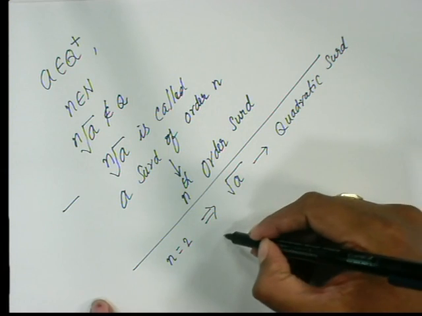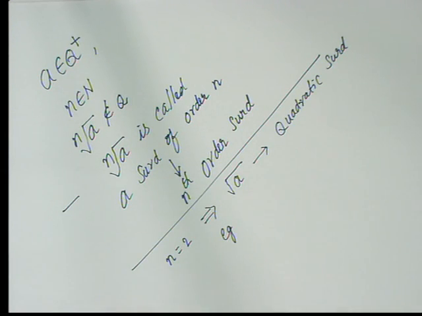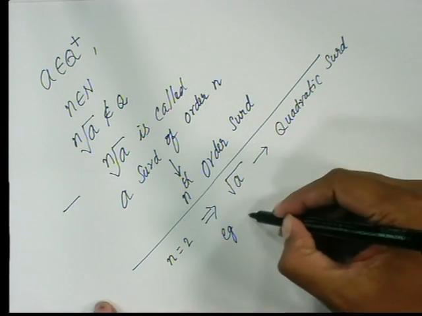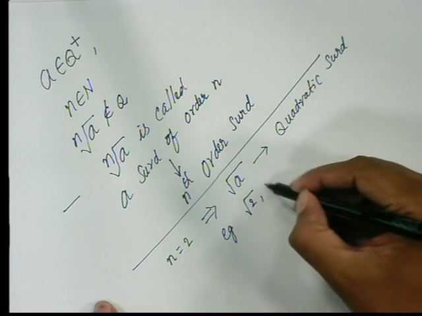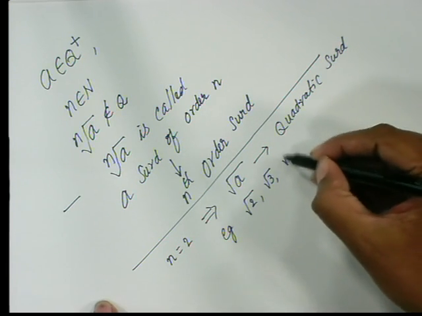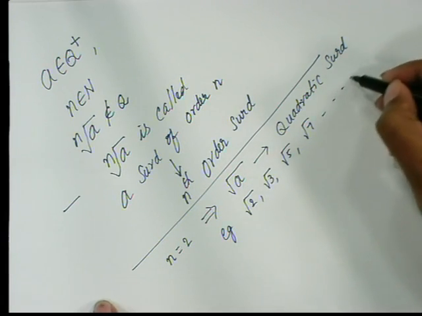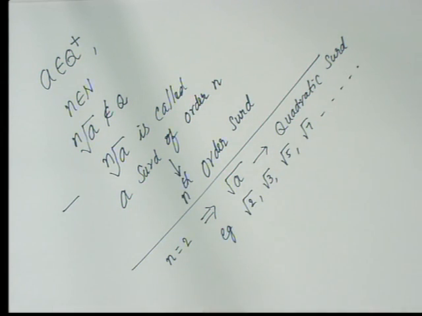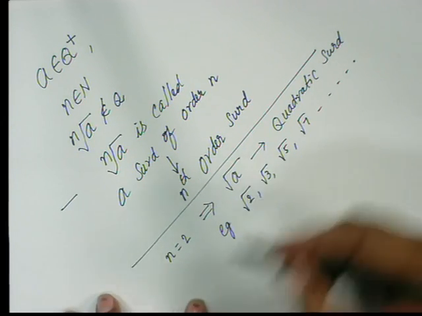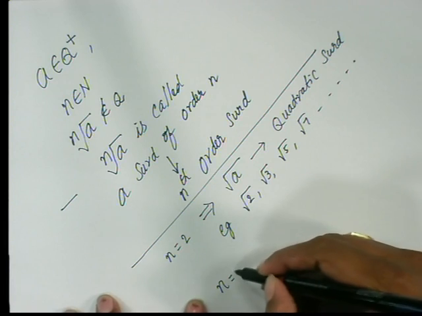Let us examine some examples. That is root 2, root 3, root 5, root 7 and so on. They are examples of quadratic SURDs. Let us take n is equal to 3.